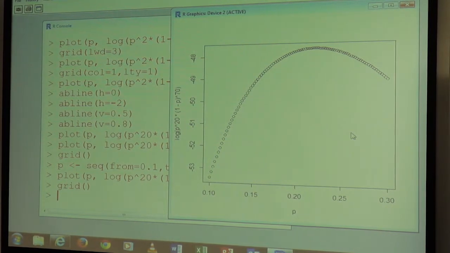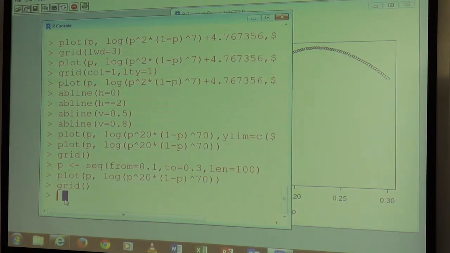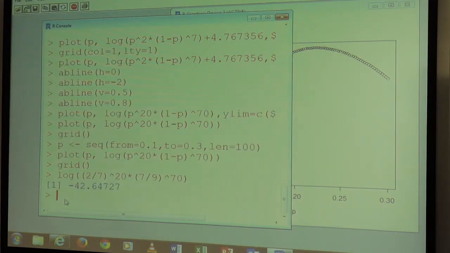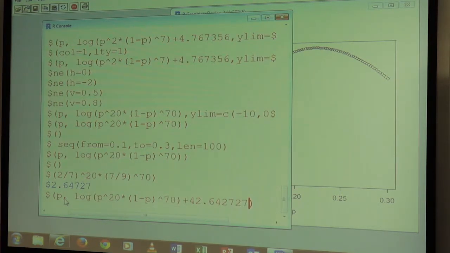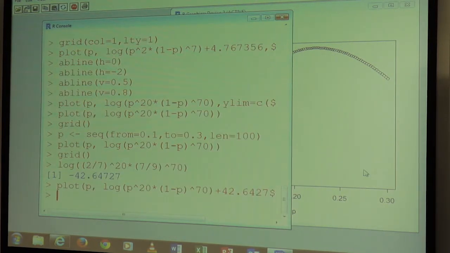So I'll go through the same process again. Of course, it's 10 times the other one. Losing my touch. Is that right? There you go. Same curve.